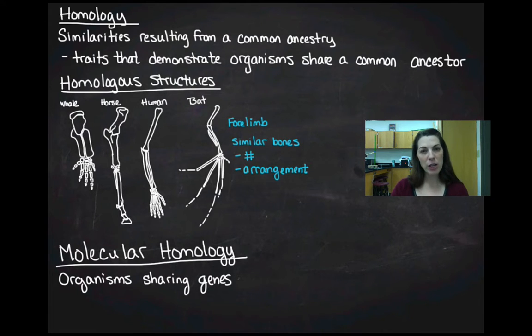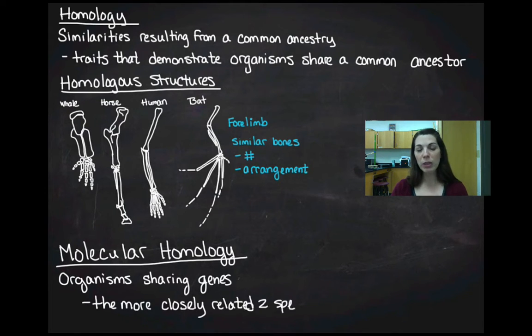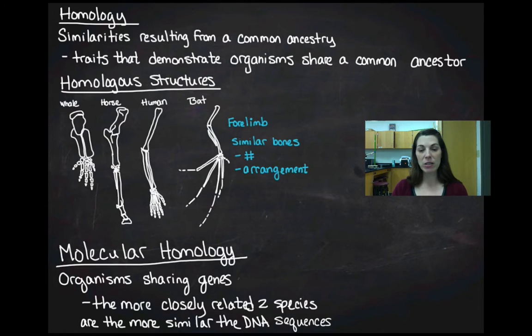If you sequence the DNA of these organisms, you'll see that there's a lot of genes that are basically the same genes. And the more closely related the two species are, the more the DNA sequences are identical.